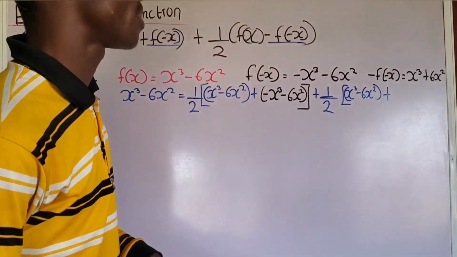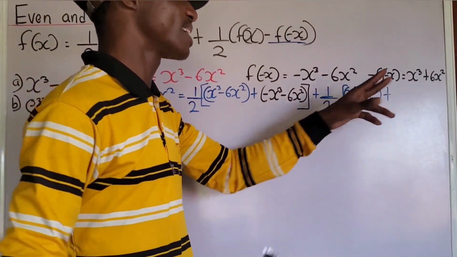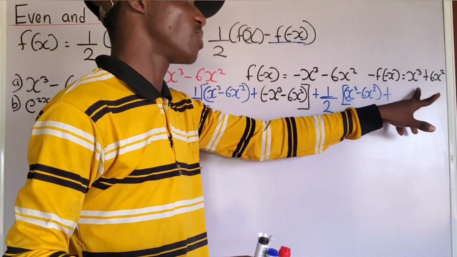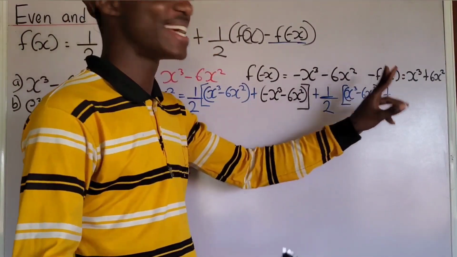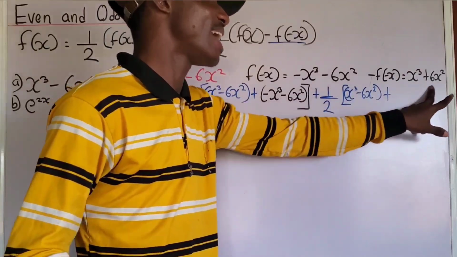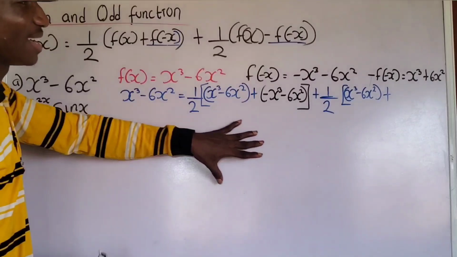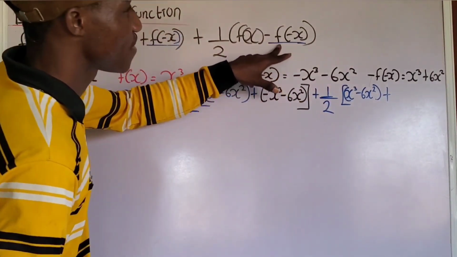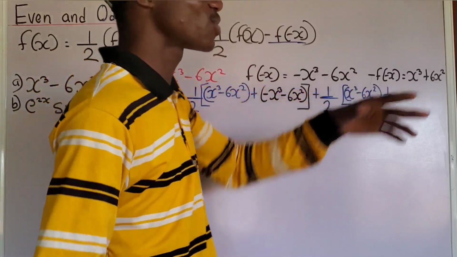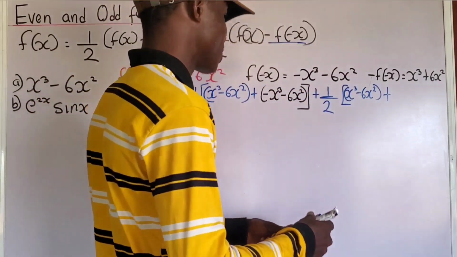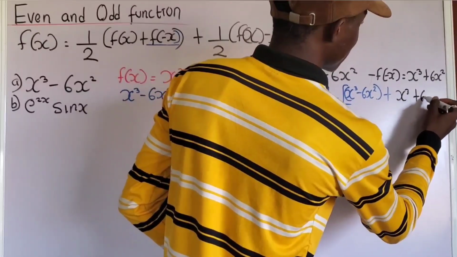So now I'm going to replace negative f of negative x with x to the power of 3 plus 6x squared. So I'm going to have plus x to the power of 3 plus 6x squared.